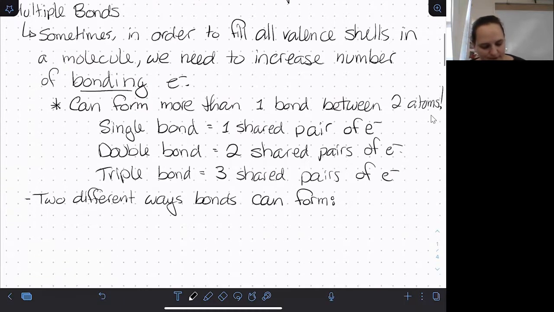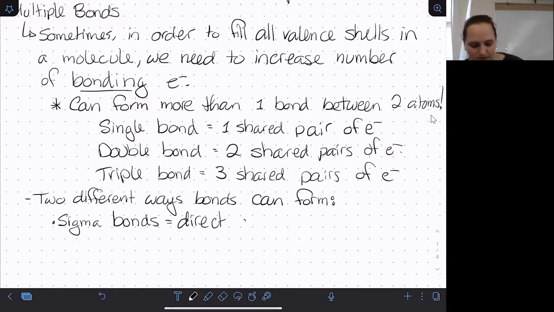These are referred to as sigma bonds and pi bonds. I've mentioned at some point previously that bonds form when orbitals are overlapping. Sigma bonds are a direct overlap of orbitals between bonding nuclei.